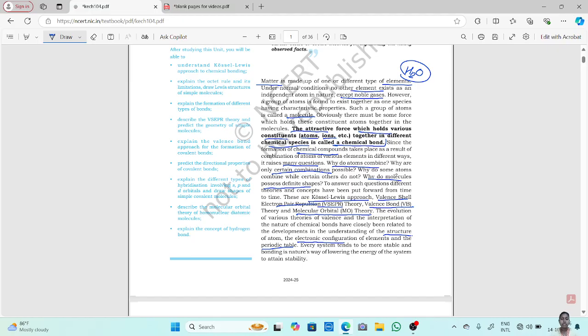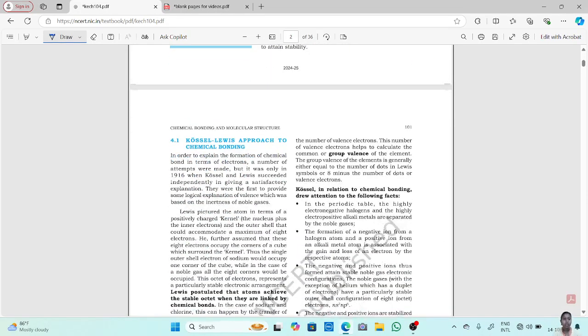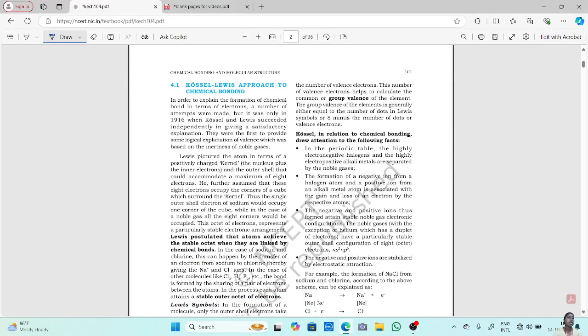Now every system tends to be more stable, and bonding is nature's way of lowering the energy of the system to attain stability. So every system eventually wants to attain a stable form. First we will start with the Kössel-Lewis approach of chemical bonding. What did Kössel-Lewis do?